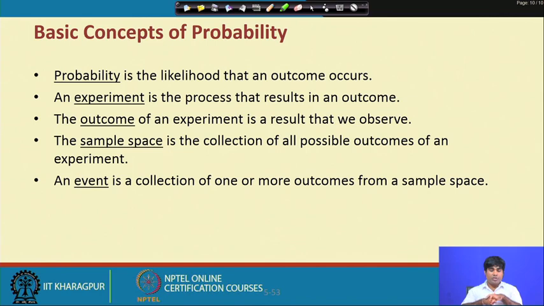It is a kind of experimental process, and we have an outcome with respect to a particular experiment. For instance, if we toss a coin, what are the possible outcomes, and what are the total outcomes altogether? If you are tossing a coin, then it will be either head or tail.